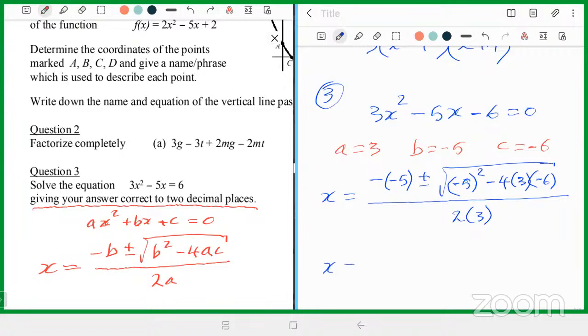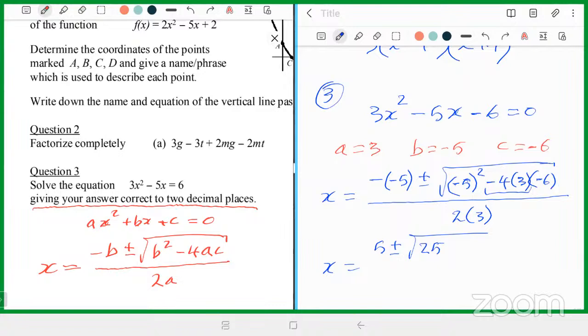So x equals, this minus minus makes this a plus 5, plus or minus the square root. Remember now, this negative 5 squared is the same as negative 5 times negative 5, which gives us a positive 25. We're going to be careful with these negative signs now. So the negative 4 times the 3 is negative 12. So this is like negative 12 times negative 6.